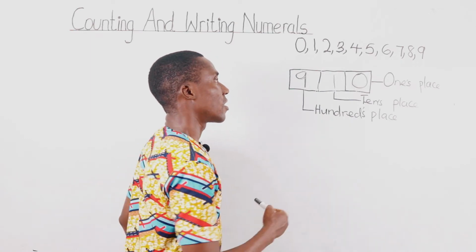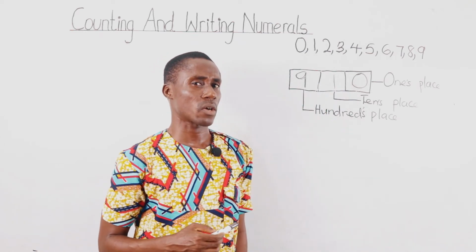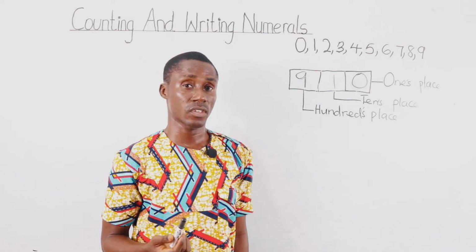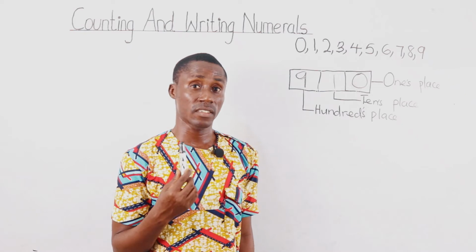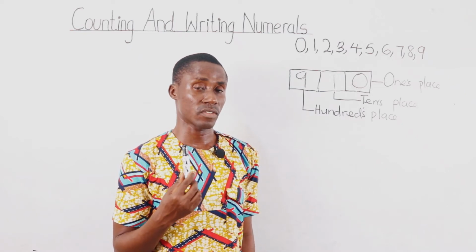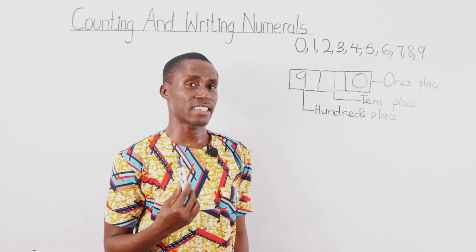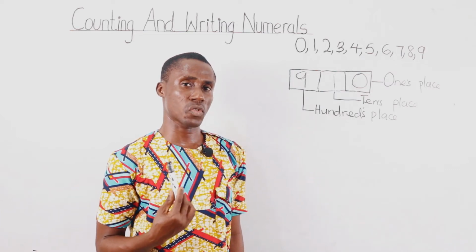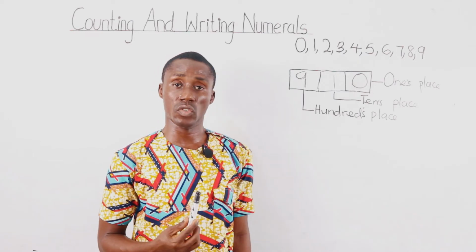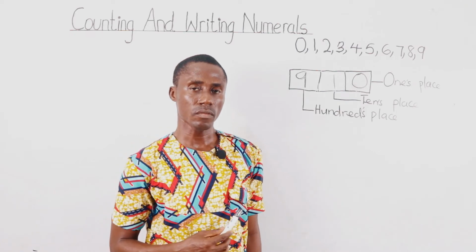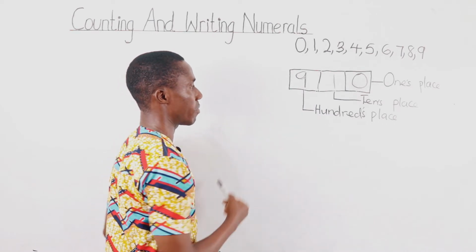So the third number place is also used to count groups of hundreds, and one group of 100 is actually 10 times 10. So every other number place is used to count 10 times what the previous number place is used to count. So how are we going to find the next number place?